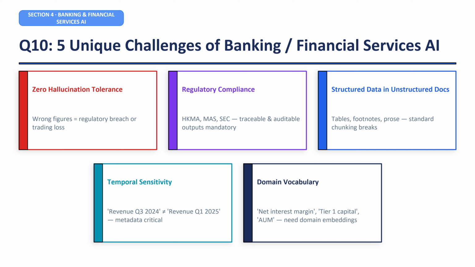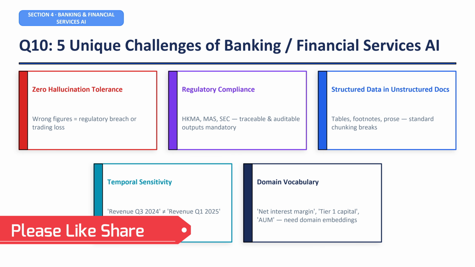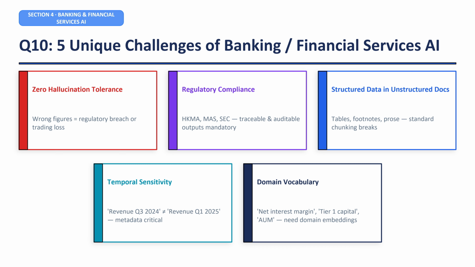My approach to all five: strict Pydantic output validation, source citation enforced at the prompt level, metadata tag chunking by date and entity, and domain fine-tuned embeddings where possible. Let's move to the next question.